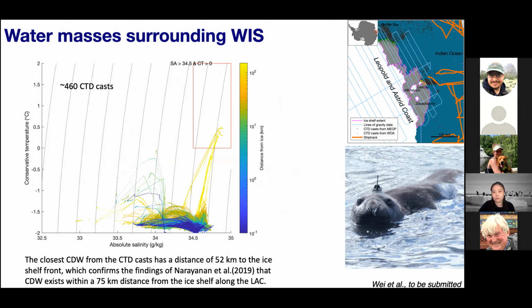Among the about 400 CTD casts that were collected, there is no direct evidence of CDW within 50 kilometers. The closest CDW from the CTD casts has a distance about 52 kilometers to the ice shelf front.